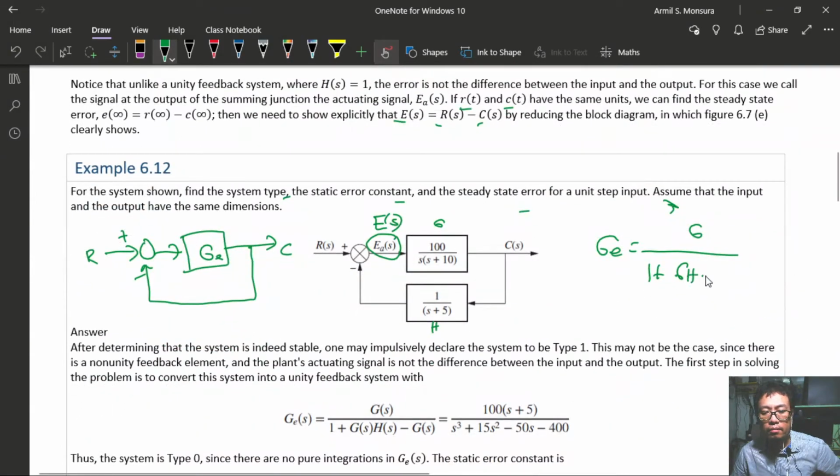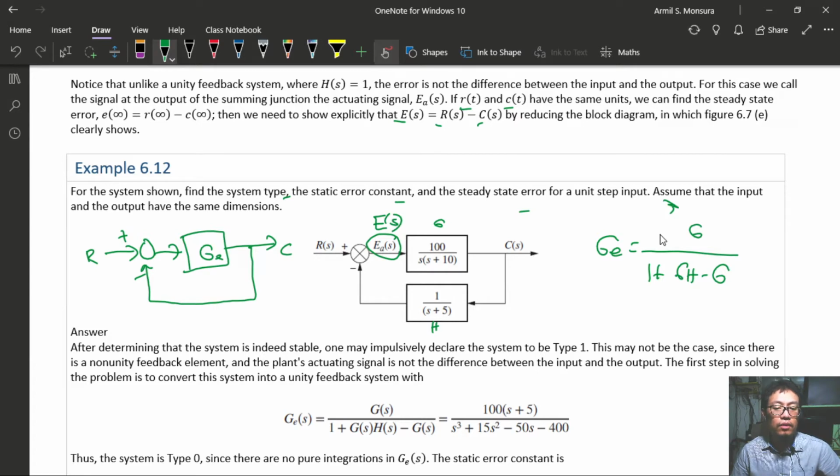GH minus G. Now, again, tatandaan natin kapag meron kang input transducer, yung G ninyo is basically yung transfer function ng input transducer times itong forward transfer function.